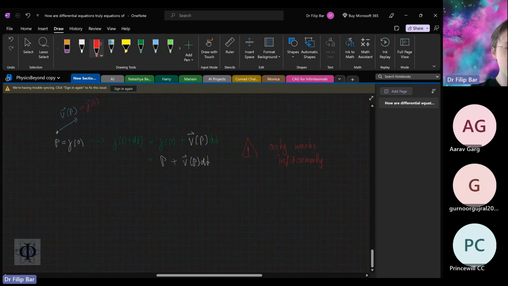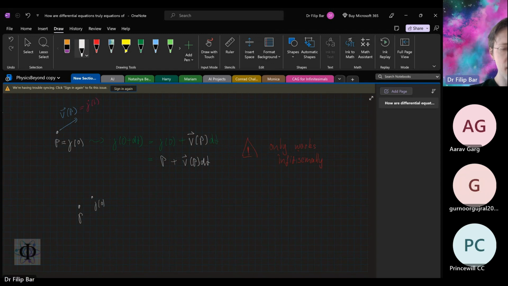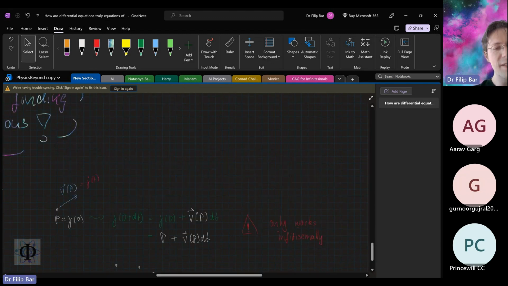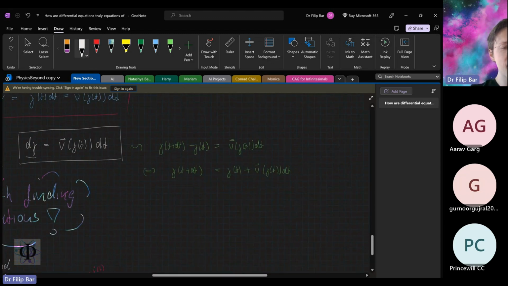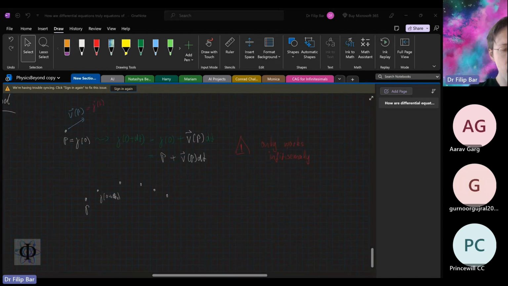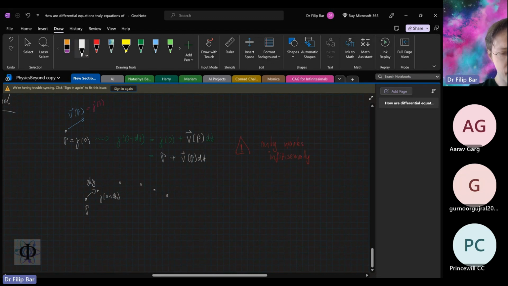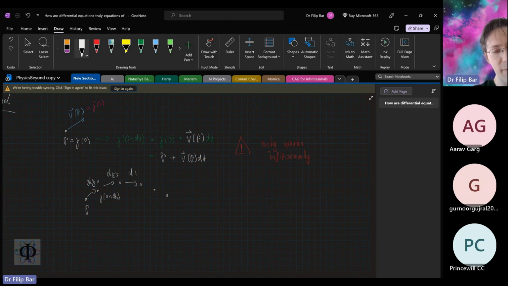So you have p, and then you would have gamma 0 plus dt, then you would make another infinitesimal time step, and another, and another, and you have these infinitesimally small displacement vectors d gamma, which you can calculate from the vector field. The vector field just tells you, here you have a d gamma 1, here you will have an infinitesimal displacement d gamma 2, here you will have an infinitesimal displacement d gamma 3, et cetera.